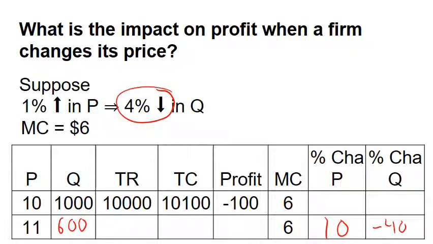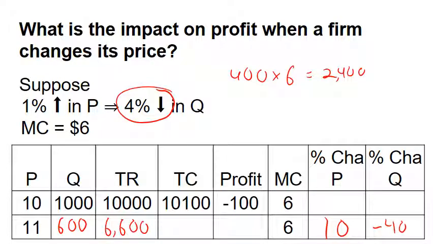When I multiply 11 times 600, I get the new total revenue is $6,600. But I have reduced output by 400. 400 times marginal cost of 6 means my total cost is going to fall by $2,400.